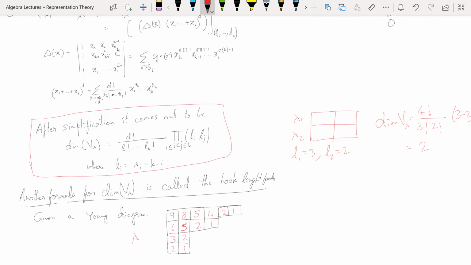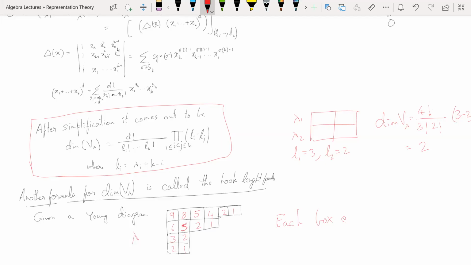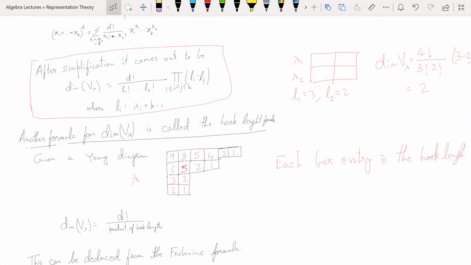So these are the hook lengths. Each box entry is the hook length. So now the formula is: the dimension of V lambda is d factorial over the product of these hook lengths. What is d factorial here?